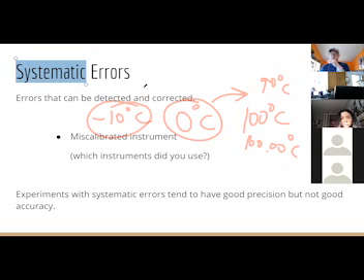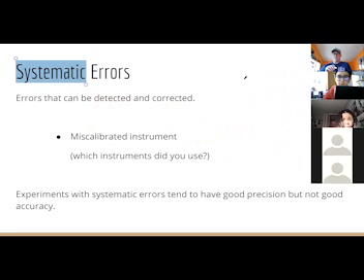So experiments with this sort of systematic error tend to be precise. Like this new thermometer can measure temperature to like 5 significant digits. Great. So it's very precise, but it's not accurate at all because it's off. So what's the difference between precision and accuracy?